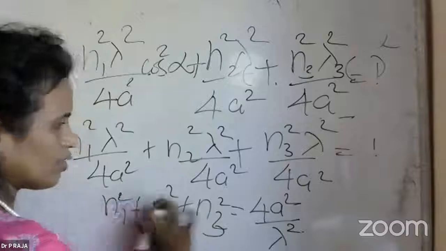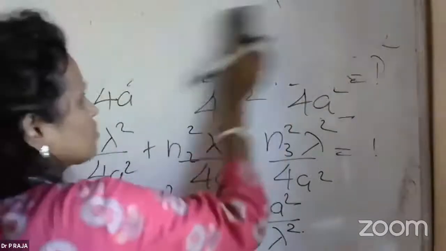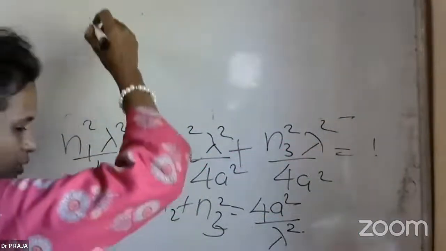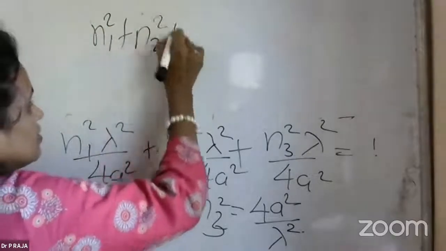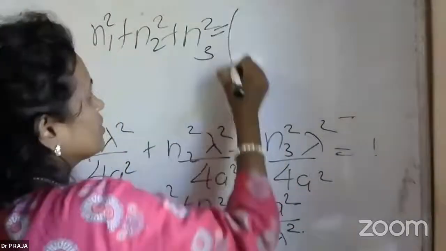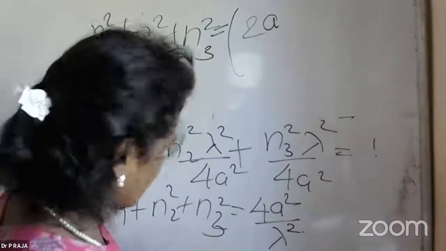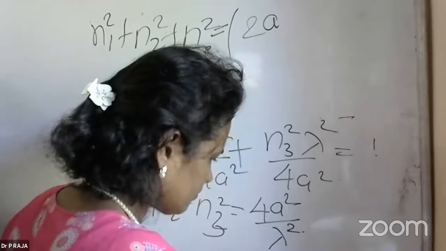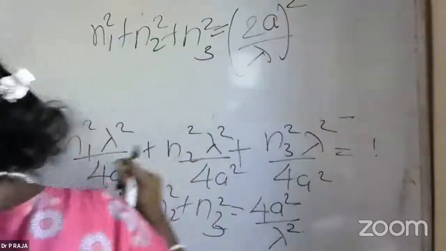And now all are squared again on the left hand side and right hand side. So simplifying this equation, you will get n1 square plus n2 square plus n3 square is equal to 2a by lambda, the whole square.